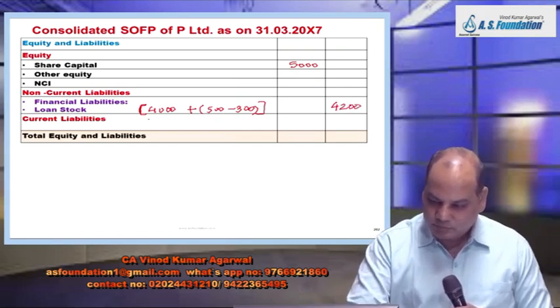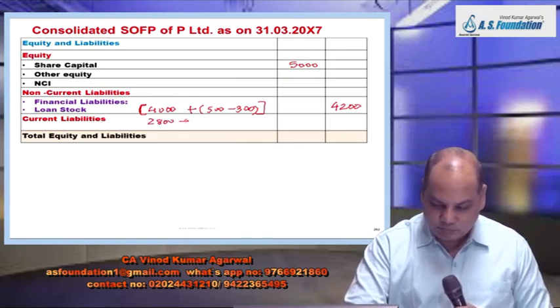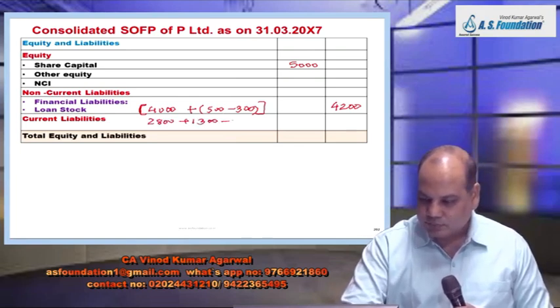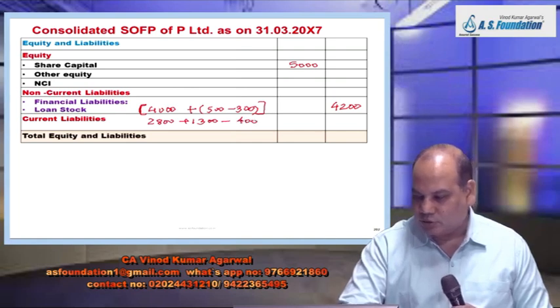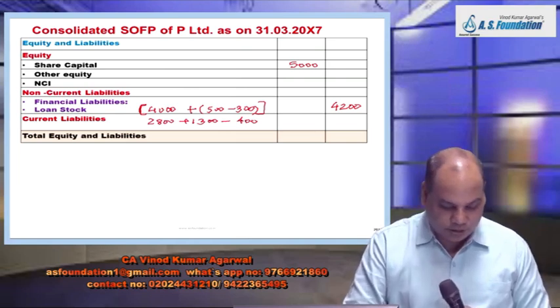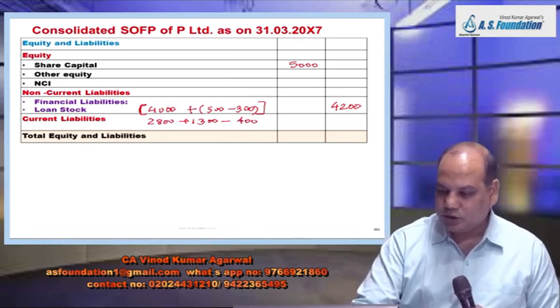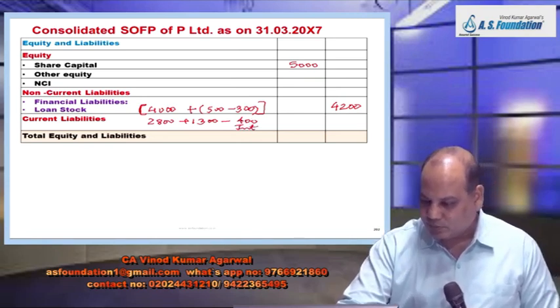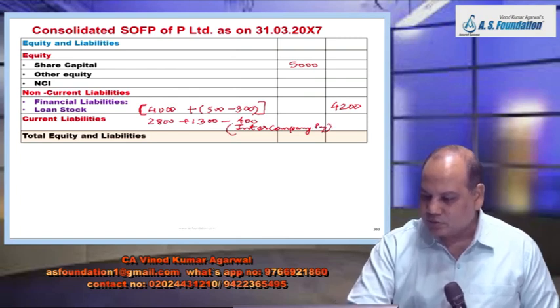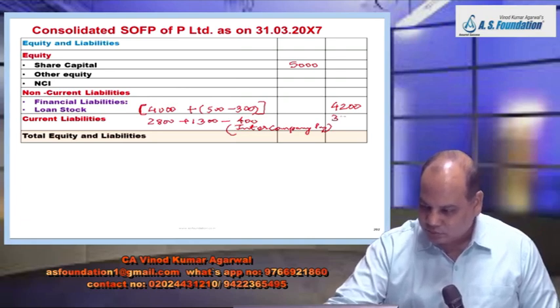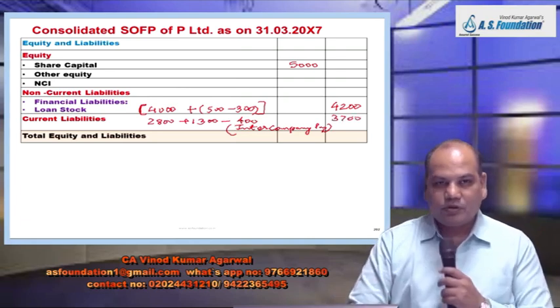Current liability 2800 plus 1300 minus intergroup transaction 400. Is it 400? Say yes. Adjustment number 2, intercompany payable. So how much is the net amount here? 3700.